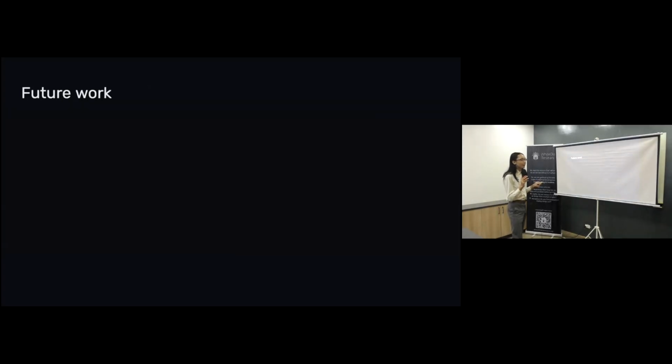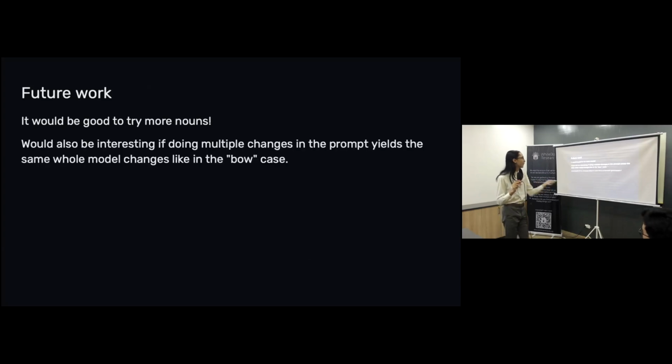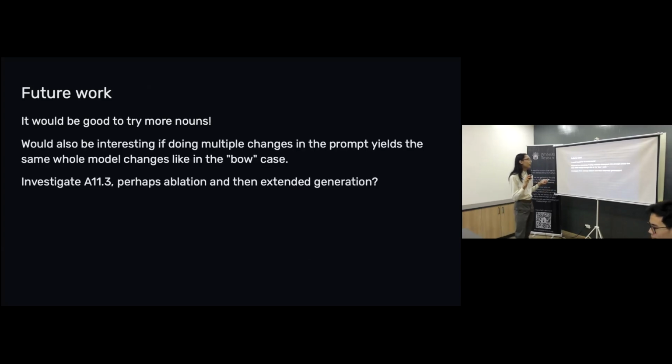Some pieces of future work that would be good: it would be good to try more nouns, more data sets. You love data. It will also be interesting if doing multiple changes in the prompt yields the same whole model changes like in the bow case. So if I did another data set like that, would it also exhibit that thing?